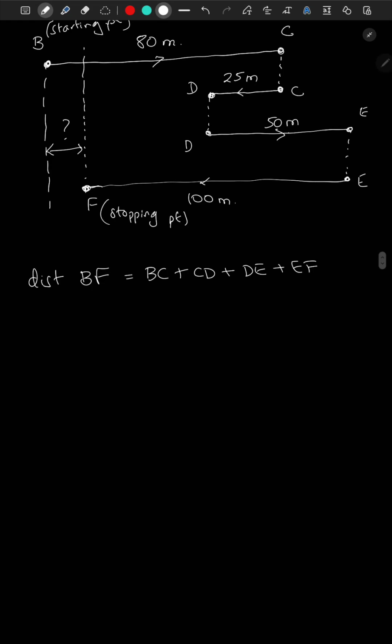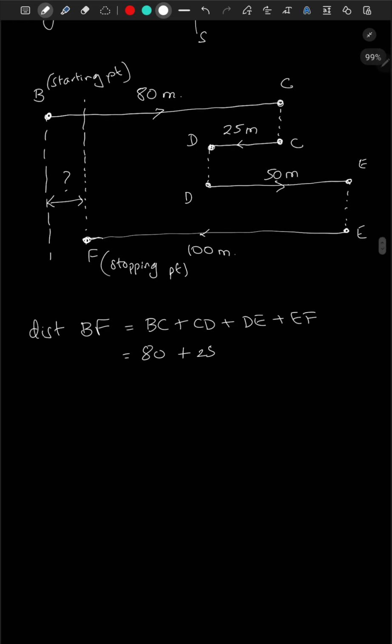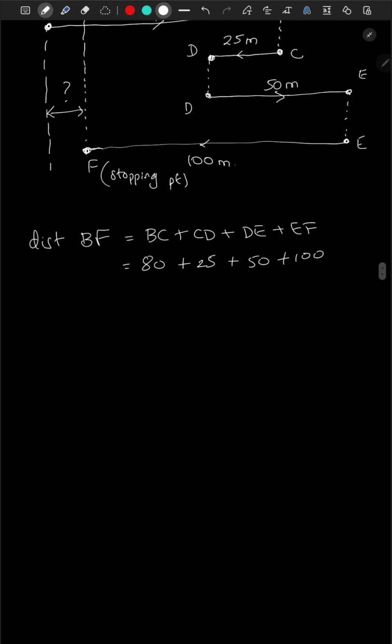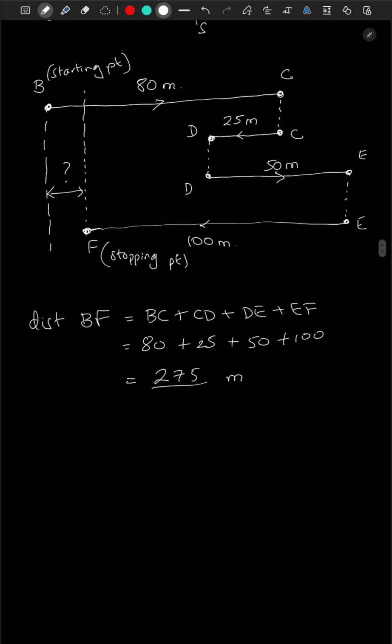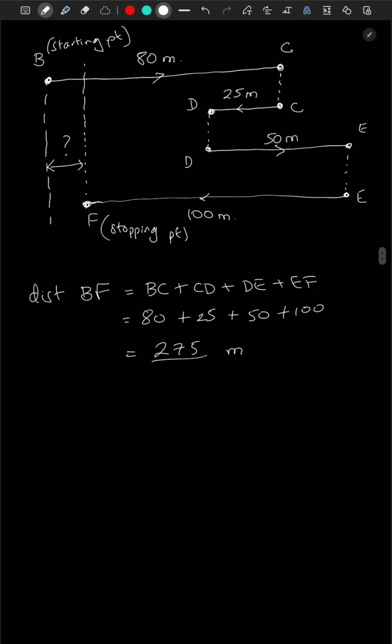So all the distances, the lengths that you see, you have to add everything. 80 plus 25 plus 50 plus 100. And this will give you the distance in meters. So it is 275 meters that you covered. Now we have not specified the direction because this is a distance, it is only positive.